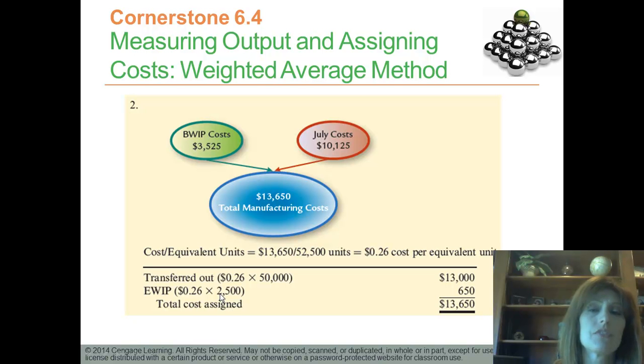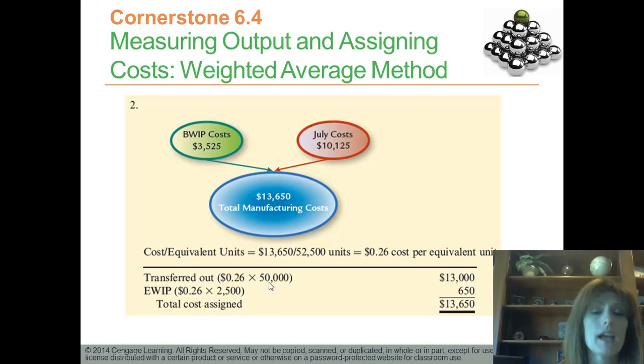So for my costing system, I'm going to take 26 cents times 50,000, and I'm going to transfer out 13,000 from my work in process into my finished goods account. My ending work in process is going to be the 26 cents times 2,500. It's going to have 650 left sitting in it. So I take all these costs and assign them based on my unit cost I calculated using the equivalent units. So that's how this all comes full circle.